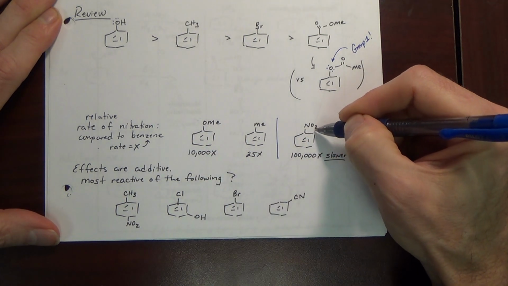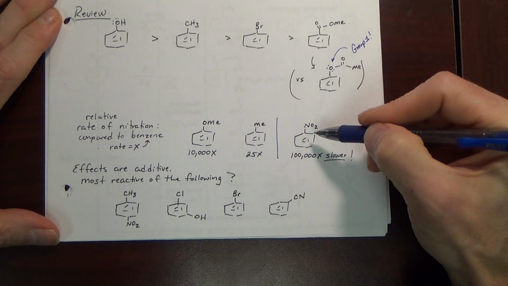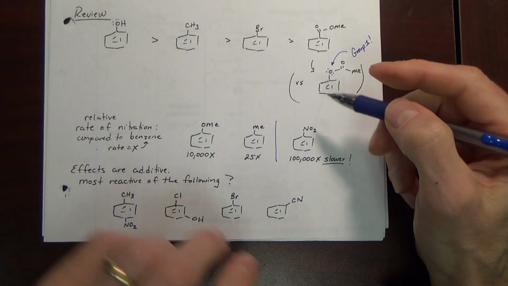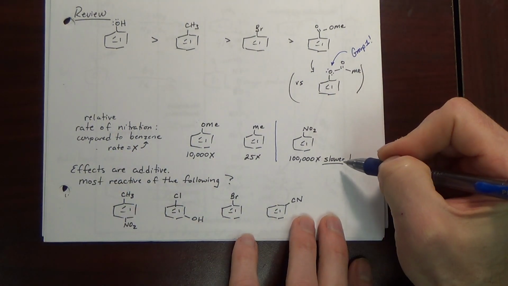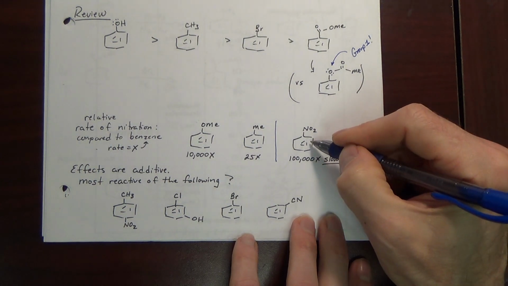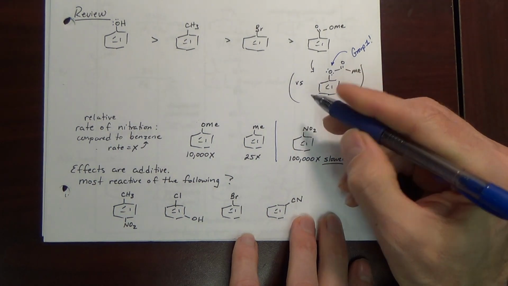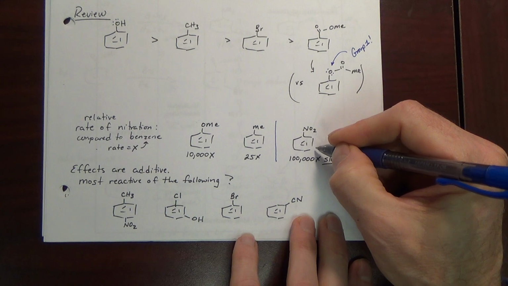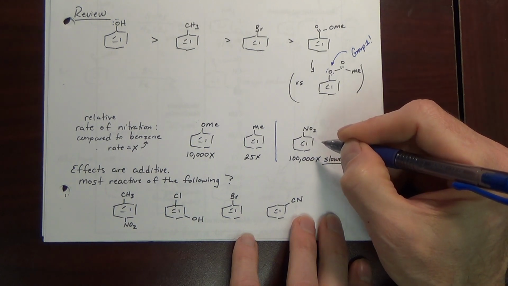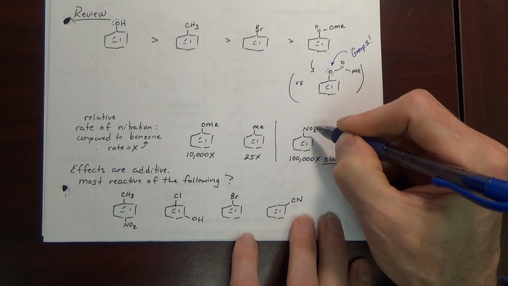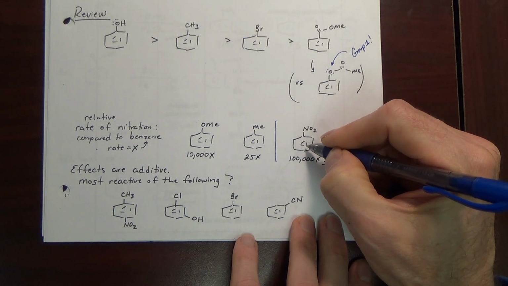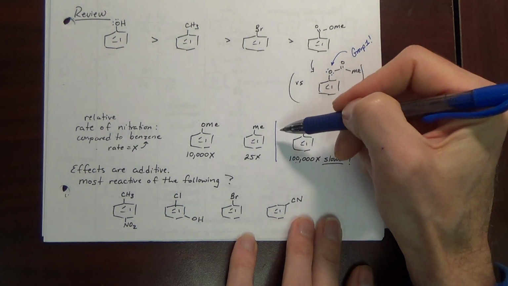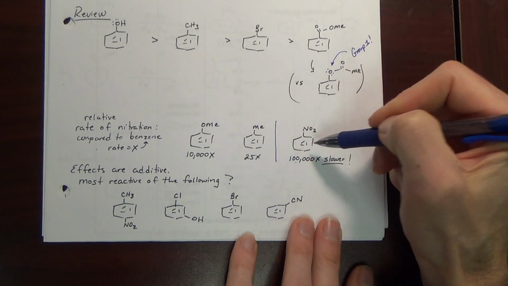Then a nitro group is a strong deactivator, group 4, and it should be less reactive towards nitration than benzene. And it's 100,000 times slower to nitrate than benzene. And when we're talking about nitrating, we're talking about putting a second nitro group on nitrobenzene to make dinitrobenzene. Once you put one group on, the ring becomes deactivated, and putting the second nitro group on is 100,000 times slower than putting the first one on, starting with benzene.